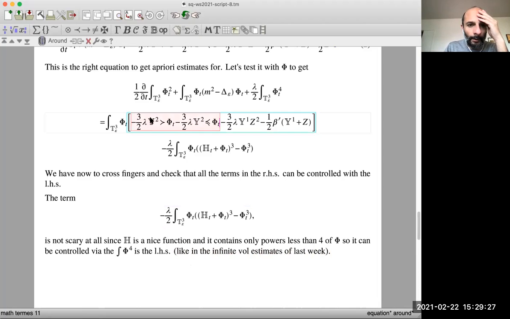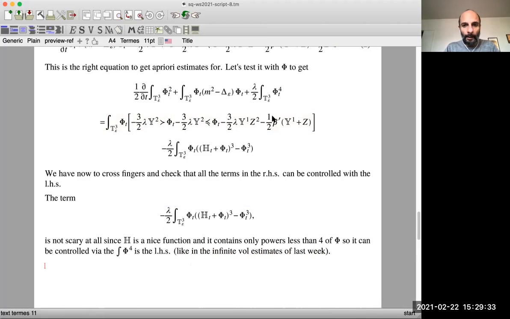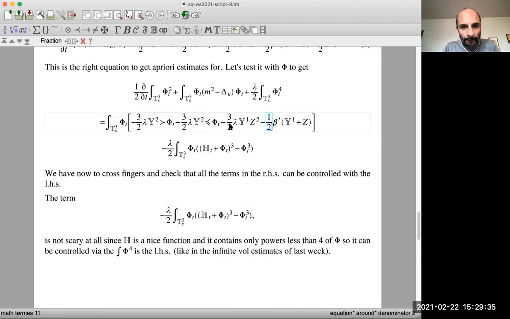Because we know that y, so somehow these are not worrisome, so let me just get rid of them. Let me get rid of this. So this term is also fine.